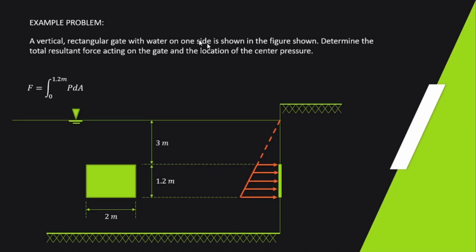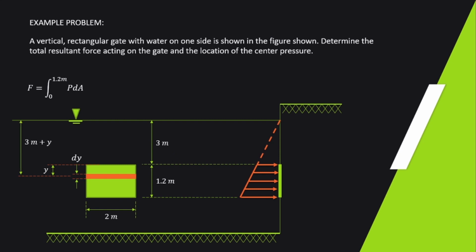Second solution naman guys, we can also say that our hydrostatic force is equal to the integral of PdA and ang P, this is the pressure, and ang limit niya is ang dadaanan ng strip. So from 0 to 1.2 kasi ito lang ang height of our plate. So for example, kuha ulit ako ng strip and ang thickness niya, syempre lagi kong ginagamit is differential of Y kasi ang location niya from the top surface of the plate, that is variable Y. And meron tayong value from the top surface of the plate from the water surface, meron tayong distance sa 3 meters.